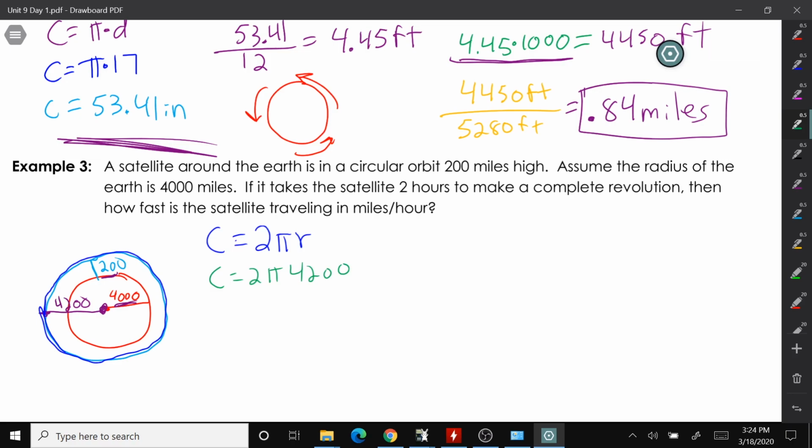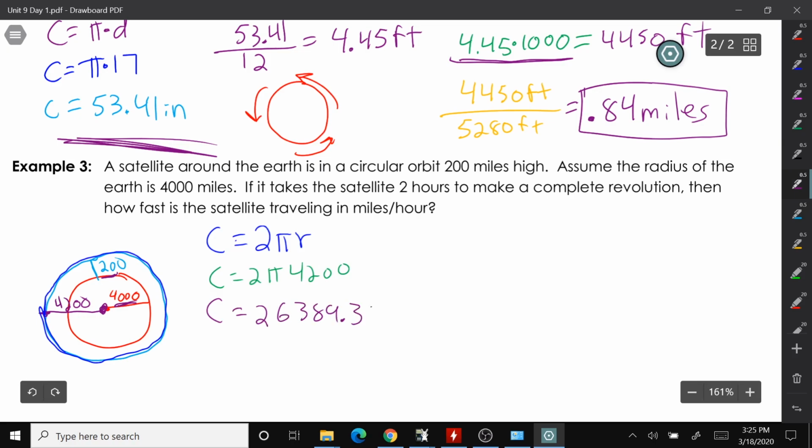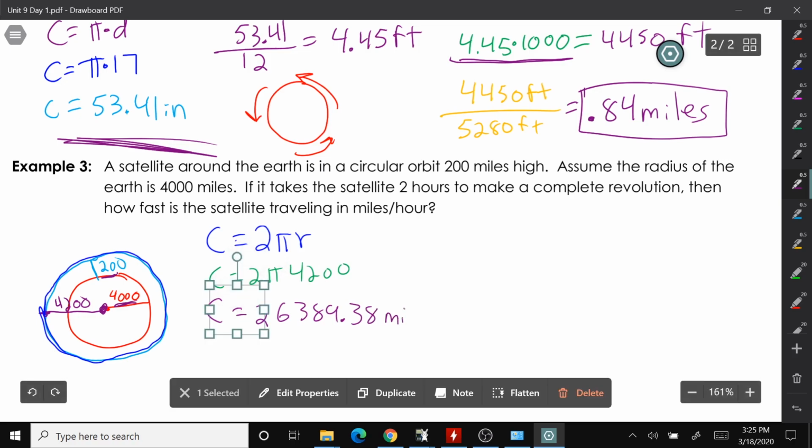So we type that into the calculator. 2 times pi times 4,200. And the circumference is 26,389.38 miles.